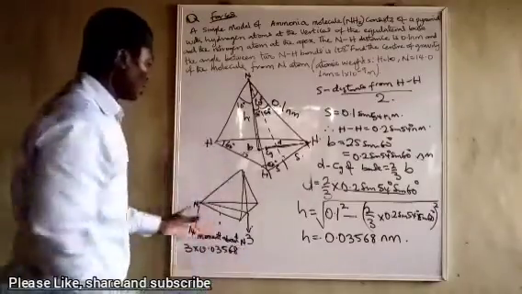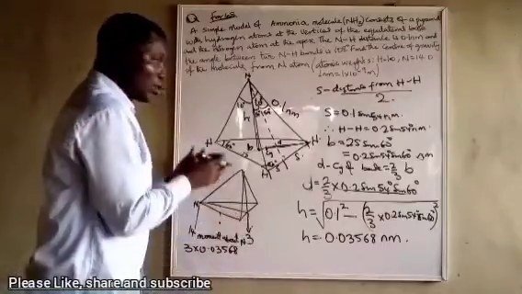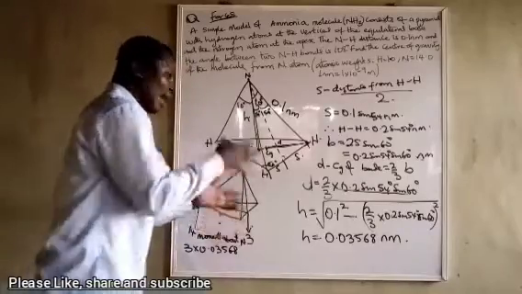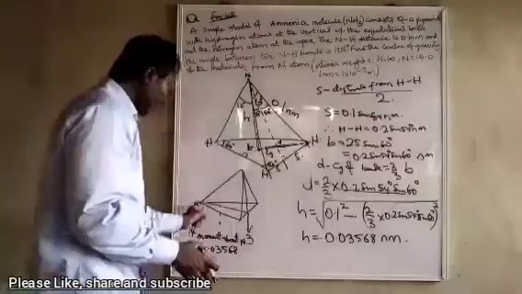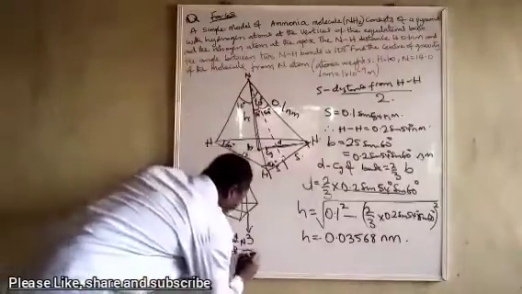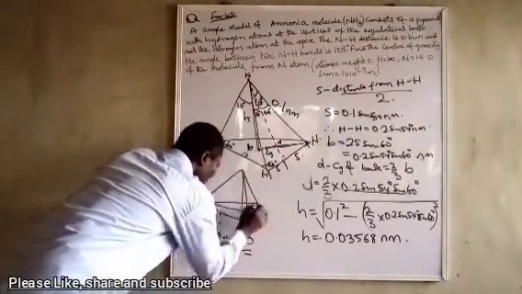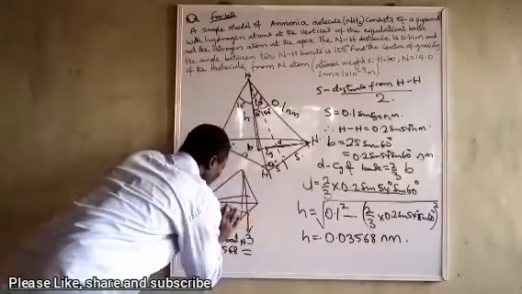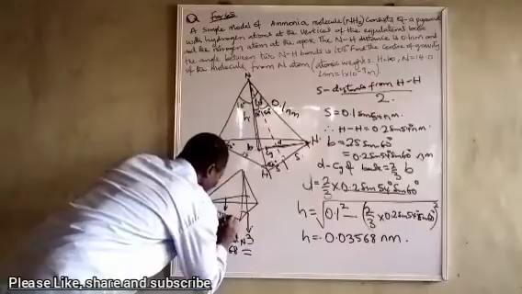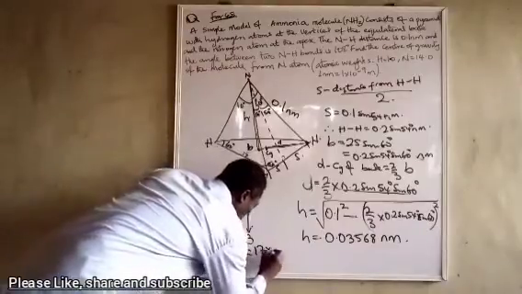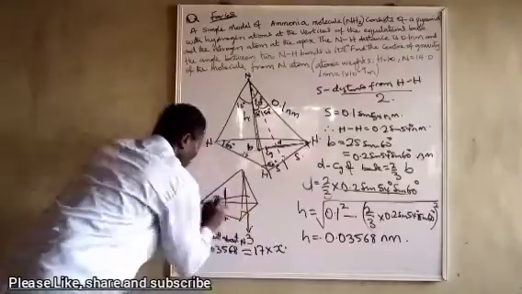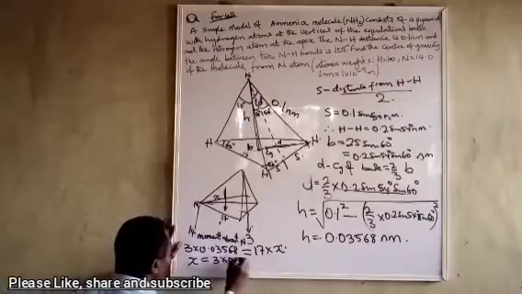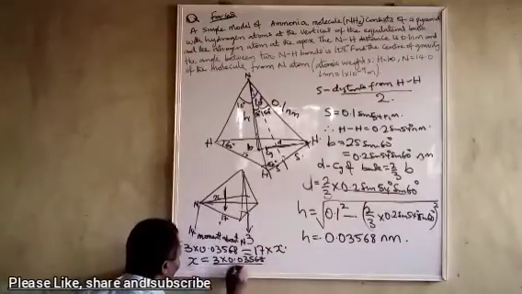3 times 0.03568. So all these moments will now be like, I'm going to find a point along this place where the whole 17 will act, and it will be like these 3 acting from this end, and it's going to be something like this: x. So the 17 will act somewhere here. 17 times x from N. So x will now be equal to 3 times 0.03568 over 17.